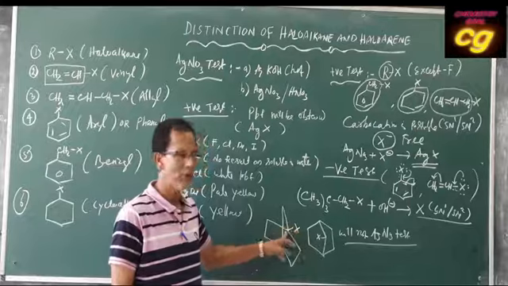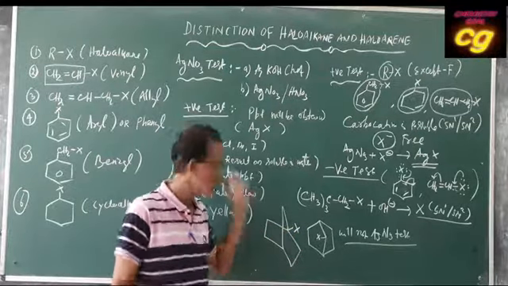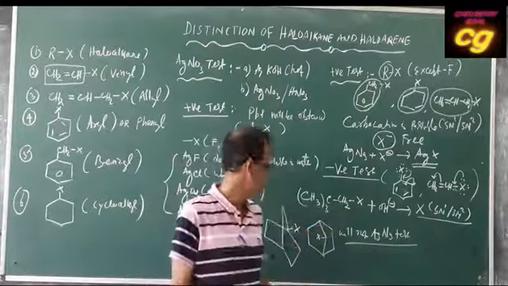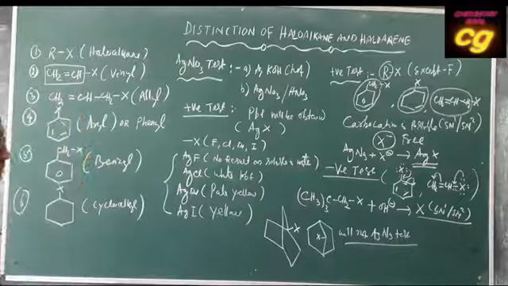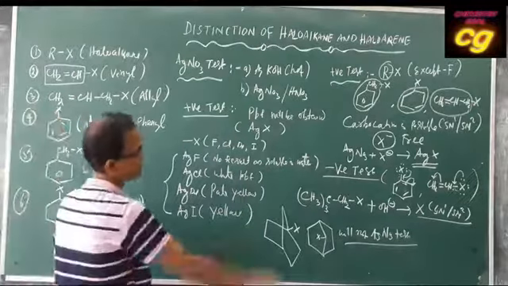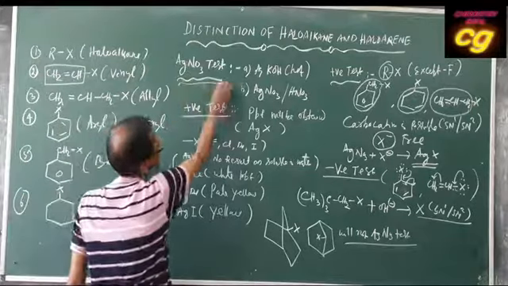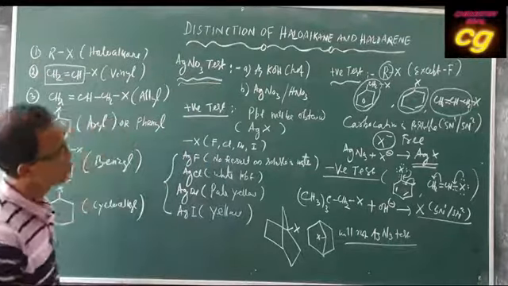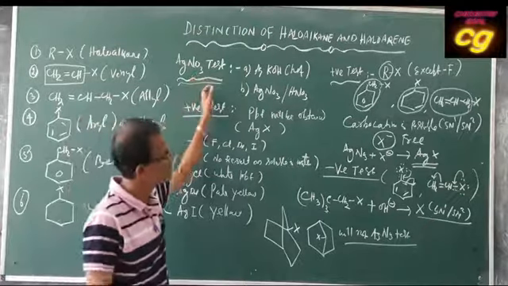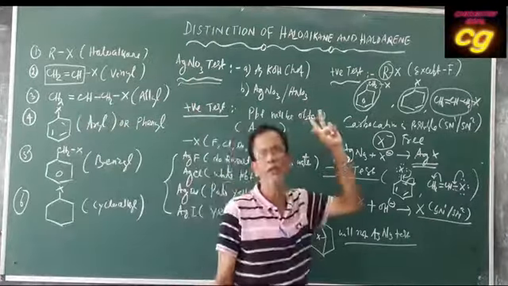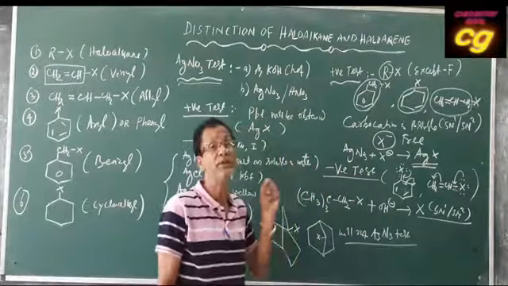Carbocation is not possible, and this cyclic compound will not allow the attack of OH minus on the leaving group. That's why the silver nitrate test only indicates which haloalkane, which halo compound, will give a positive test and which will not give the test. Only those that give it have a specific color.